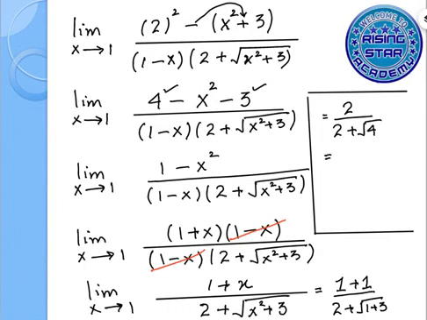Further simplify, 2 over 2 plus square root of 4, which would become 2. Two over 4, so that would become 1 over 2.